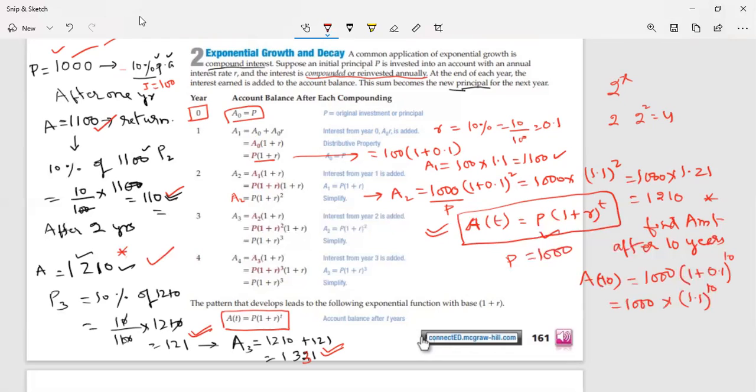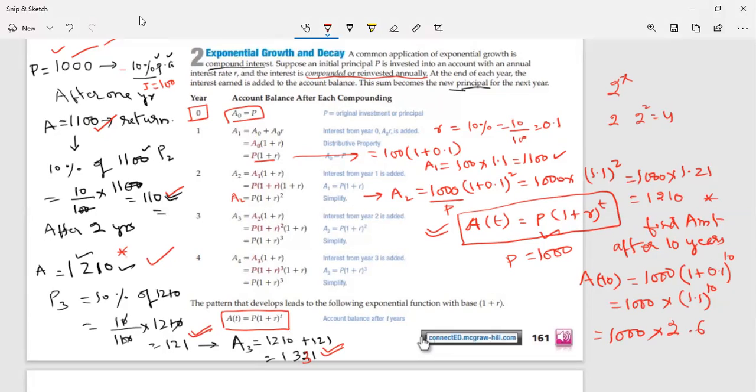So how will you find 1.1 raised to power 10? Use a calculator. I told you, 1.1 raised to power 10 is equal to about 2.593, so 2.6 on approximation.